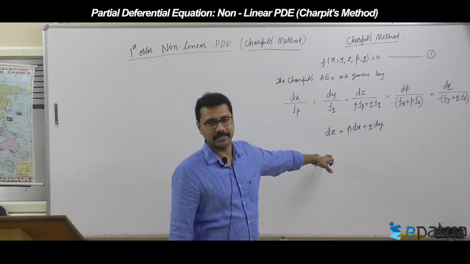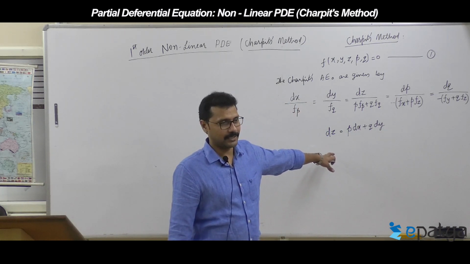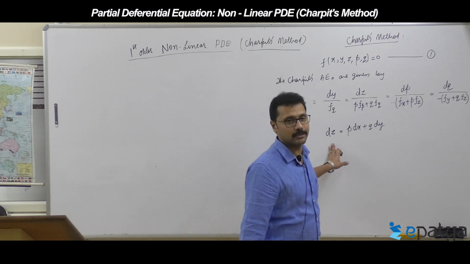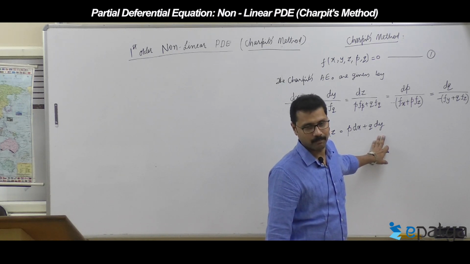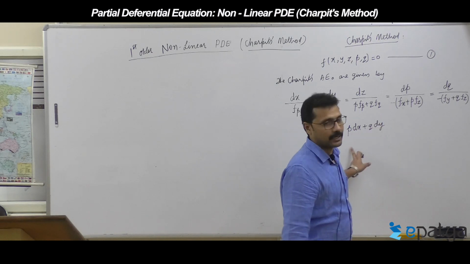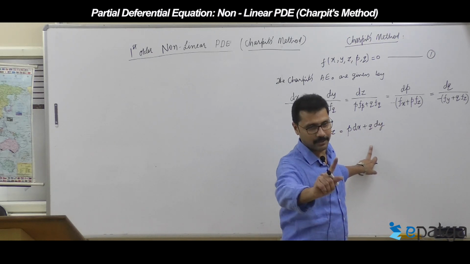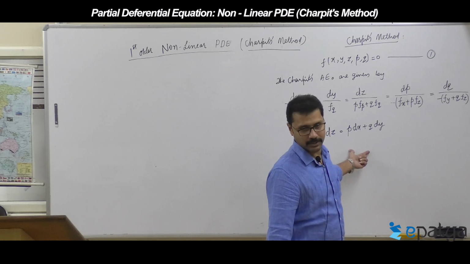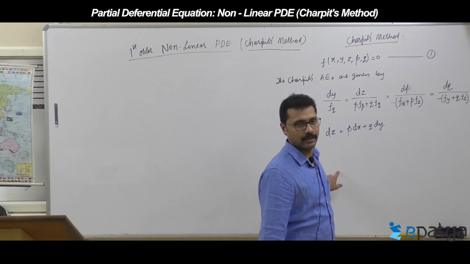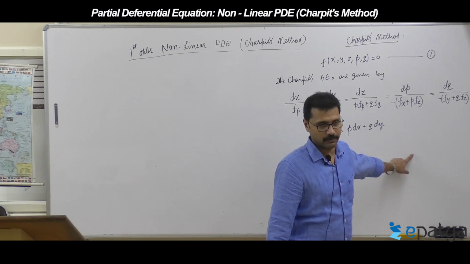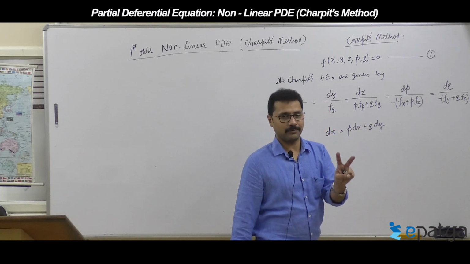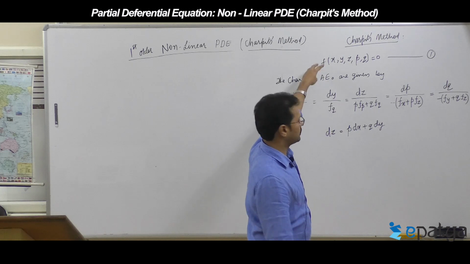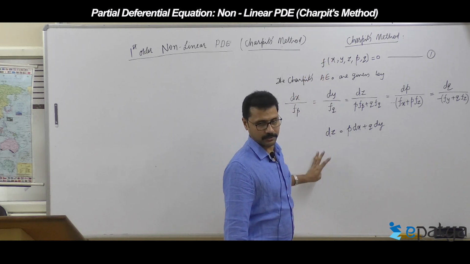This is quite obvious, since z is a function of x and y, dz is always equal to dou z by dou x dx plus dou z by dou y dy. Get p and q both in terms of one arbitrary constant, substitute in this one, again integrate, you will get the second arbitrary constant also. Two arbitrary constants in two independent variable scenario in the first order give rise to your complete solution.